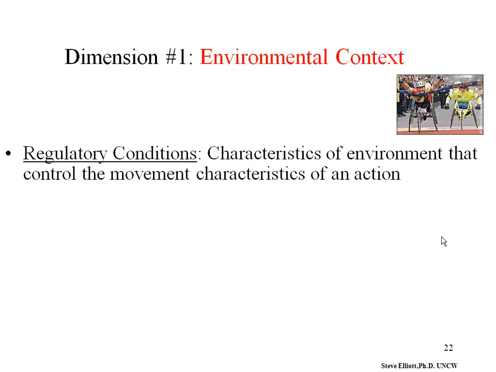This is pretty similar to what we talked about earlier with open and closed, but it's looking at what's going on in the environment and how the person has to adjust to that. Gentile, in this part of her taxonomy for differentiating motor skills, looked at whether the regulatory conditions were stationary or in motion. Like I said, we saw this before in the open versus closed concept.